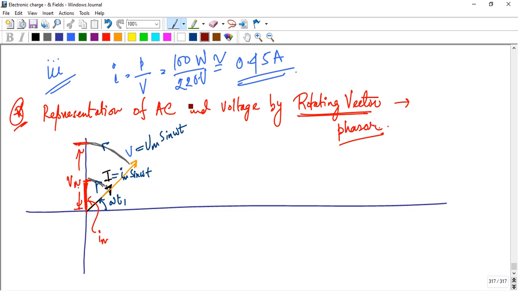Now I draw a phasor here. This line is the maximum value of voltage, and this is the maximum value of current.